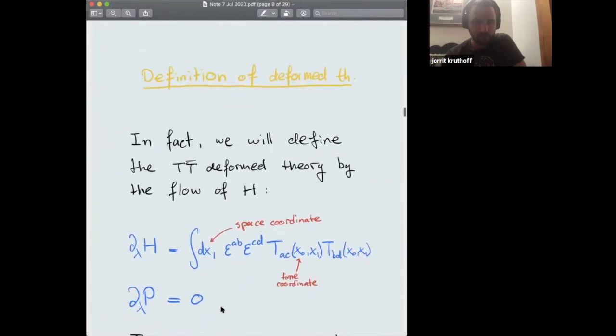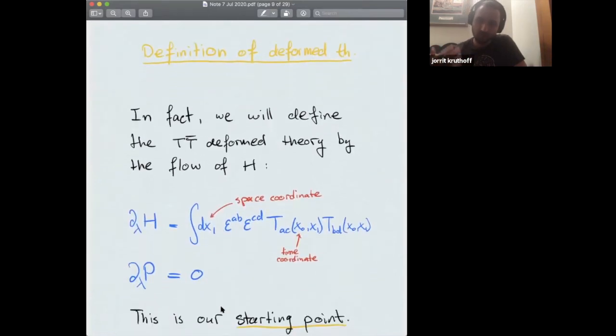To start with discussing how to compute this U, what I want to do is, instead of taking that flow equation of the action that I showed you before, which is a more conventional, Lagrangian way of defining the theory, define it in a more Hamiltonian way, where I specify how I want the conserved charges to flow.